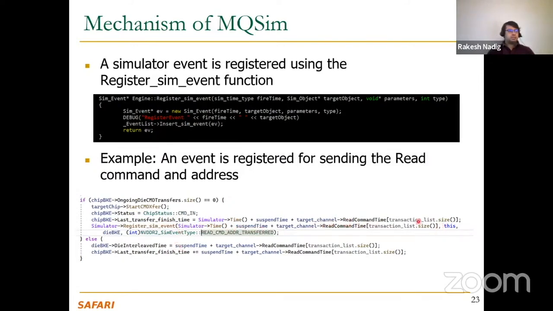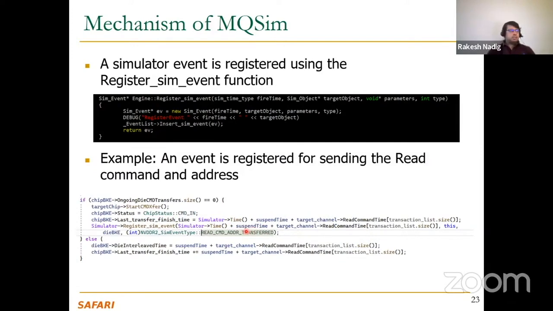This is the timestamp for the event to get executed, and then we call the callback, the macro which is used in the callback function. So read command address transferred will be the macro which is looked up in that callback function, and then the routine is executed. This is how we register an event in the MQSim.